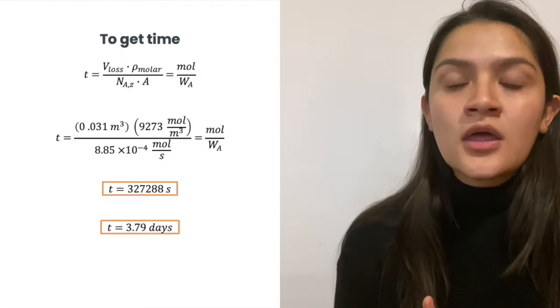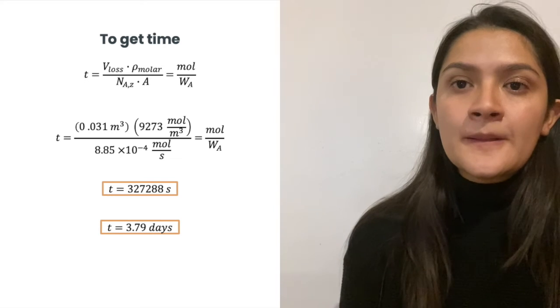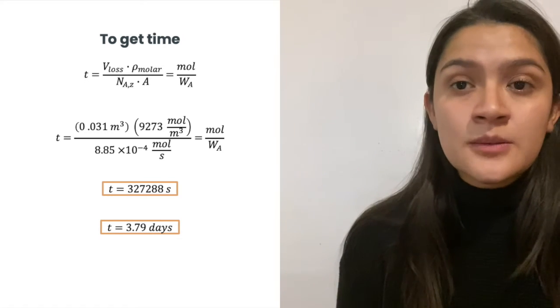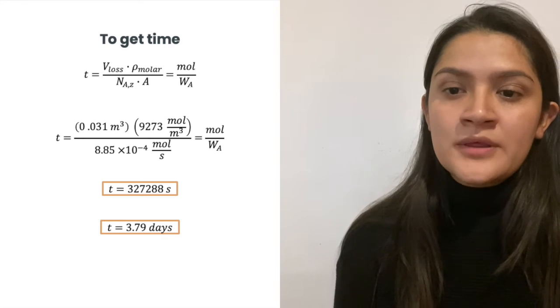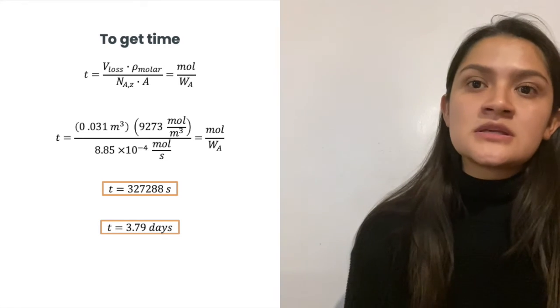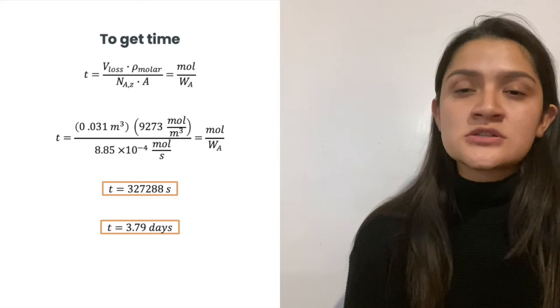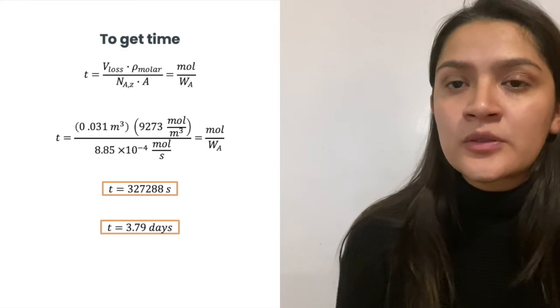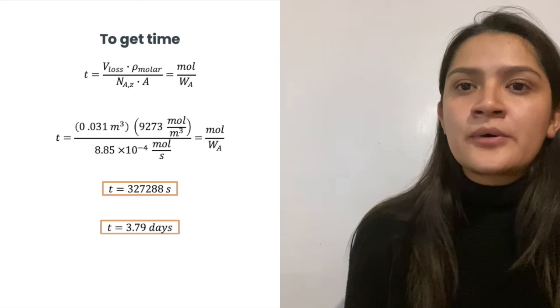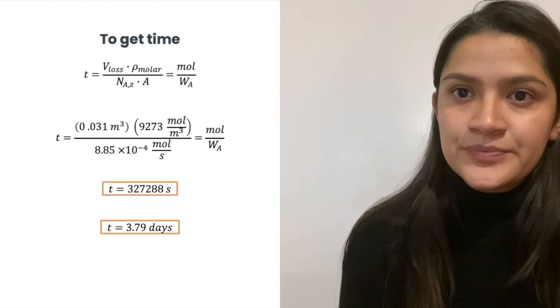The time is expressed by the volume loss times the molar density divided by NAz times the area. This is WA that we have also calculated. And here is the time that we get: 3.79 days.